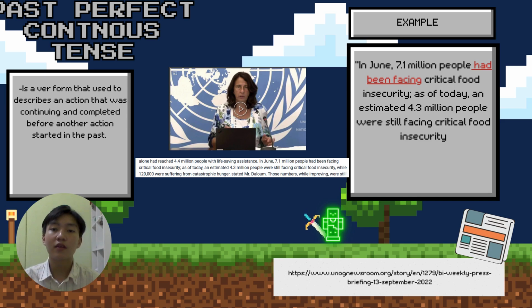The phrase highlighted in the sentence, which is "had been facing," tells us that the problem of facing hunger was happening a long time ago, and it was a continuous struggle leading up to a specific point in time.